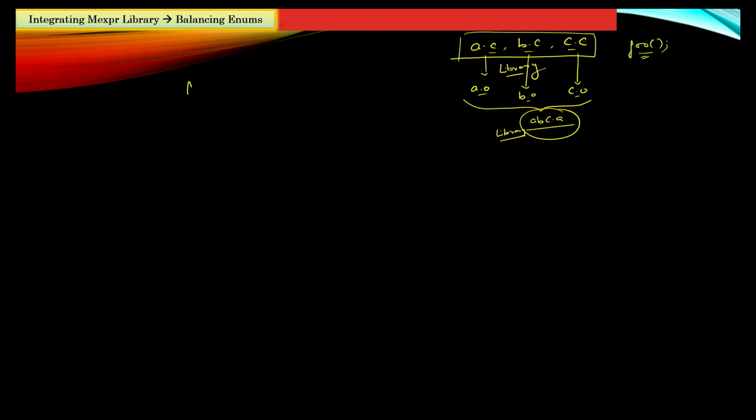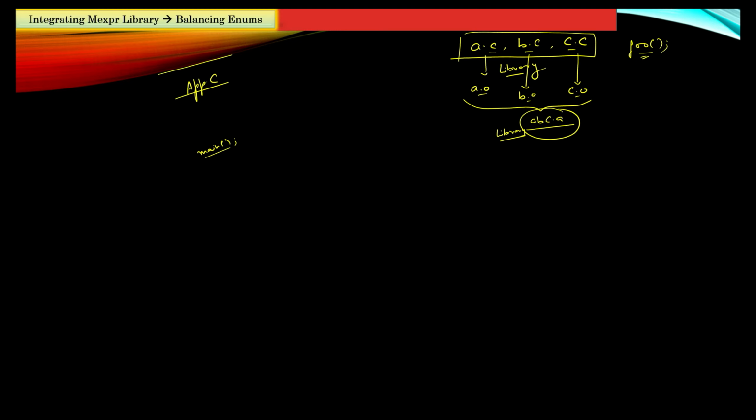Now let's say you have an application app.c. When I say application, it means that app.c has a function main. Right? It is this main function which makes the source file or the set of source files an application. You cannot create an executable until you have a main function in one of the source files. So let's not go there.